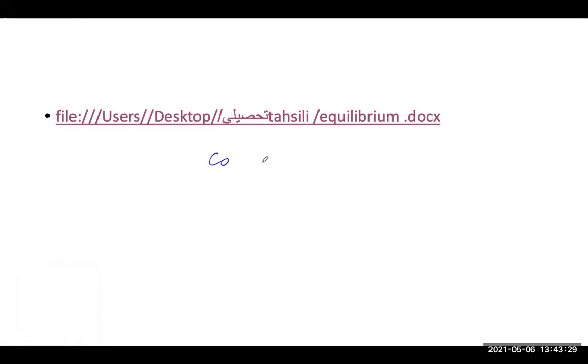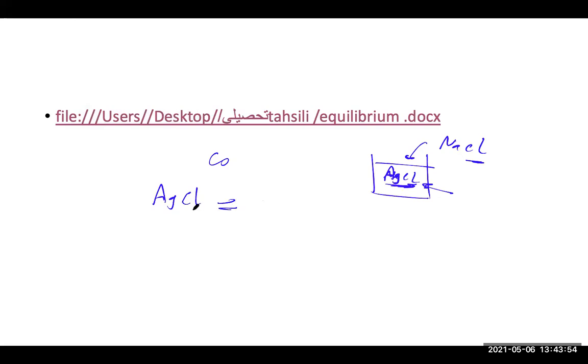For the common ion effect, suppose we have a solution containing AgCl, and to this solution I add NaCl. They both have the same ion, Cl minus. This will make the solubility of AgCl decrease. AgCl is slightly soluble in water, so it gives Ag plus and Cl minus, and we have two reactions here, the forward and the reverse.